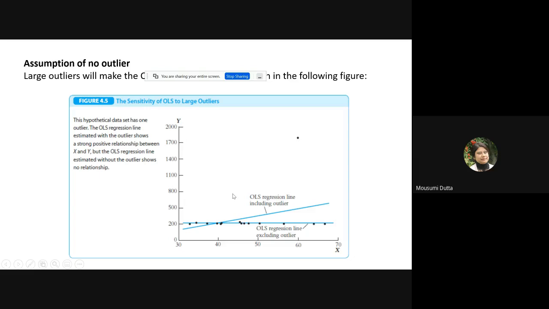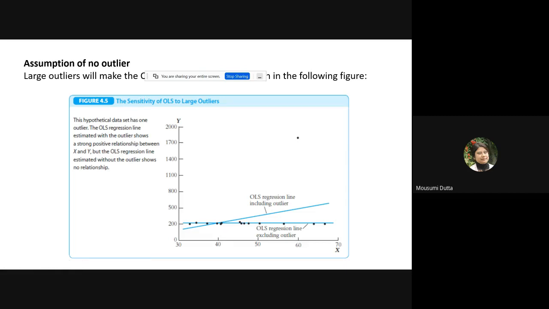Now, the question is why? The regression framework we consider is a mean-centric approach. Actually, we try to calculate the expected value of y given x.